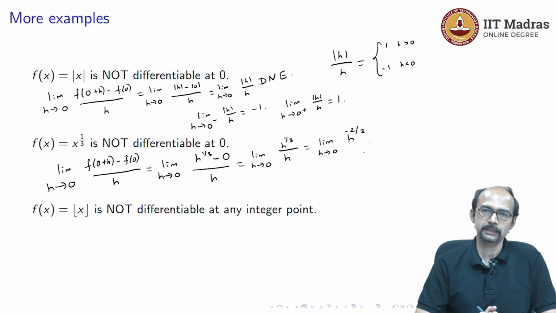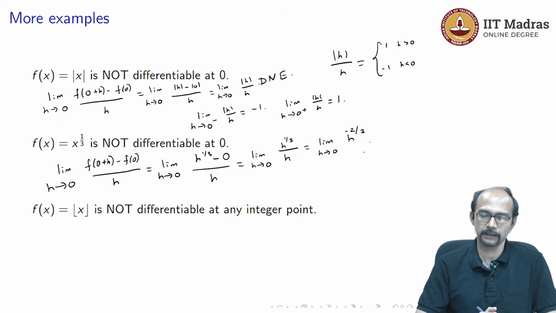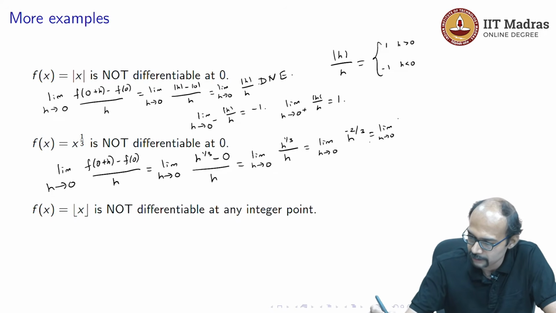Now what happens to this function as h tends to 0 from the right? Again we have to ask what does this function look like. Maybe I should write this more explicitly as 1 by cube root of h squared.